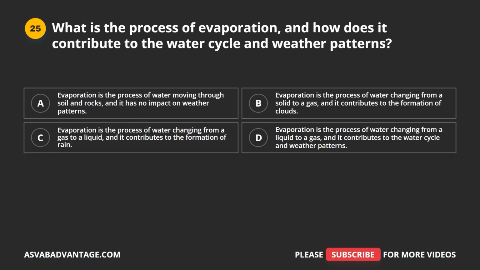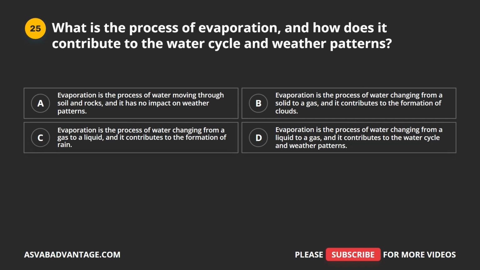Question 25. What is the process of evaporation, and how does it contribute to the water cycle and weather patterns? A. Evaporation is the process of water moving through soil and rocks, and it has no impact on weather patterns. B. Evaporation is the process of water changing from a solid to a gas, and it contributes to the formation of clouds.